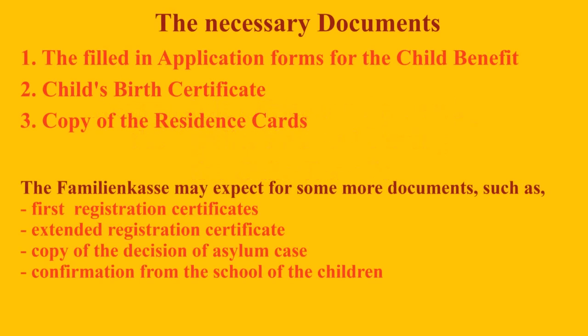Now I would like to explain which are the necessary documents for the application for child benefit. First, the filled in application forms for the child benefit. In these forms, in addition to the other information of yourself and your children, you must write your tax number and the tax number of each of your children for whom you apply child benefit.